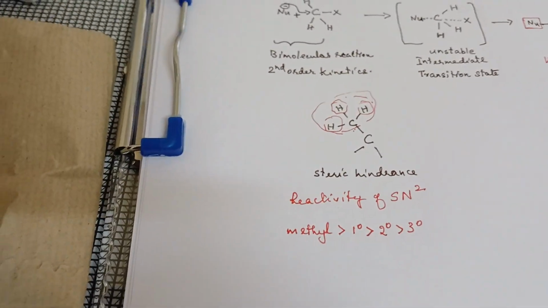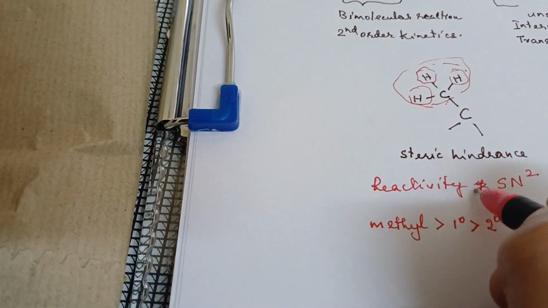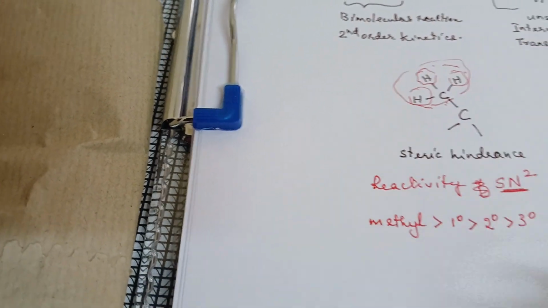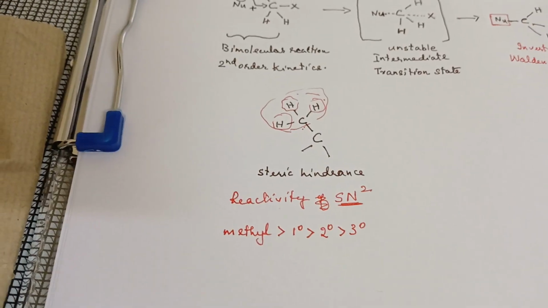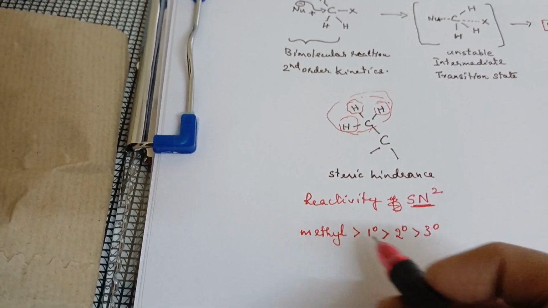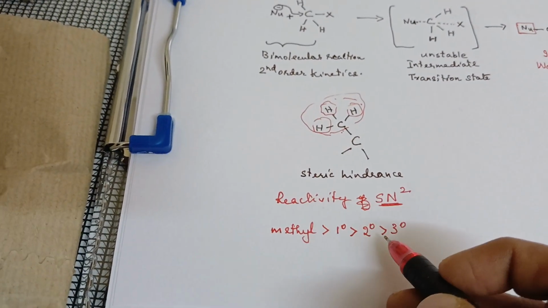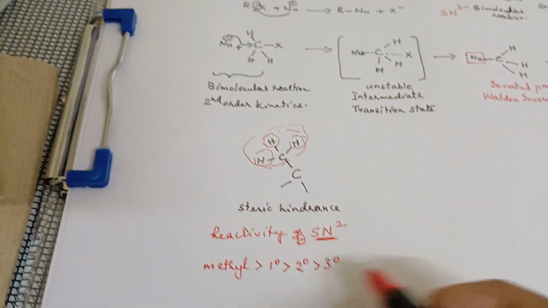So for SN2 reactions, reactivity will be in this order: methyl greater than primary, greater than secondary, greater than tertiary.